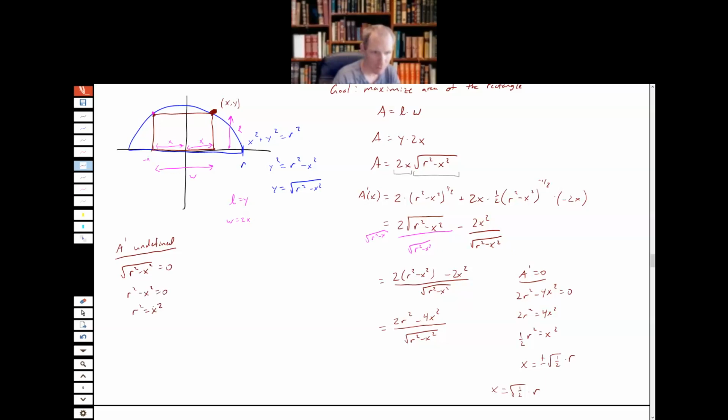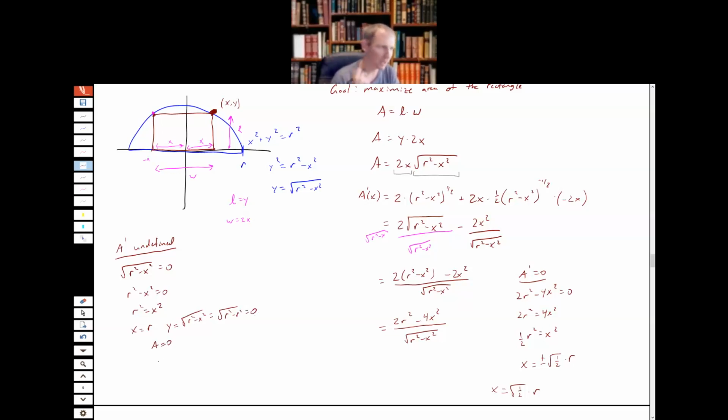So r squared equals x squared. So x equals r. If x equals r, then y is the square root of r squared minus x squared, which is r squared minus r squared, which is 0. And so then the area is 0.